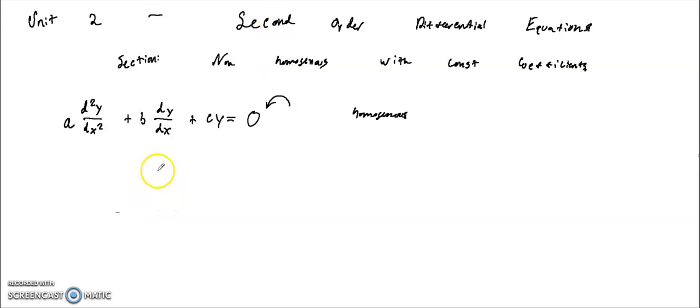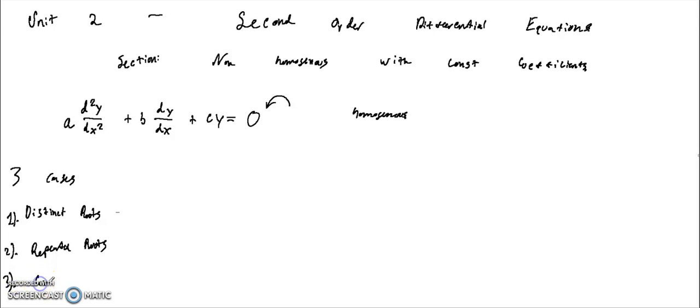So there are three cases. They're called distinct roots. That's one. There's repeated roots. That's two.